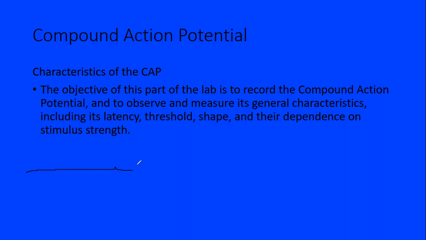Beyond that, the more voltage you apply, the higher the amplitude of the compound action potential. So you'll find that you have this kind of response depending on the voltage that you apply. So the minimum response will give you the threshold.